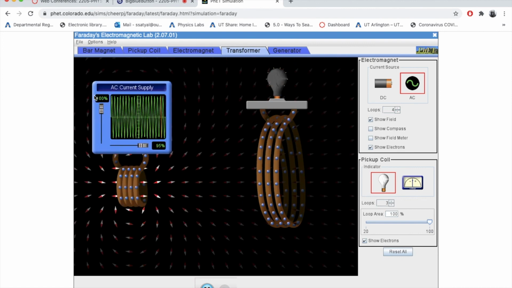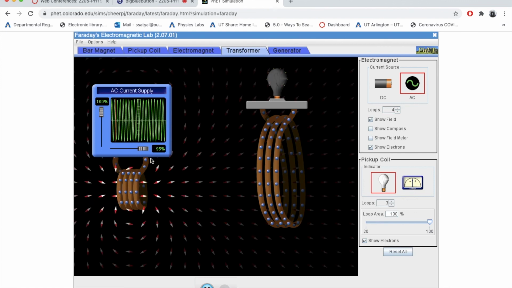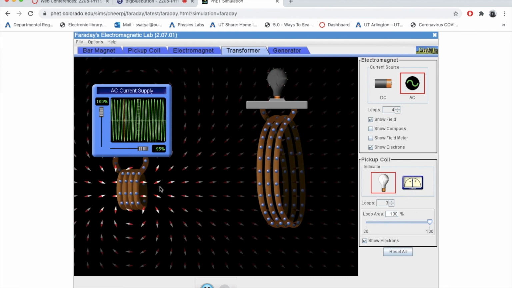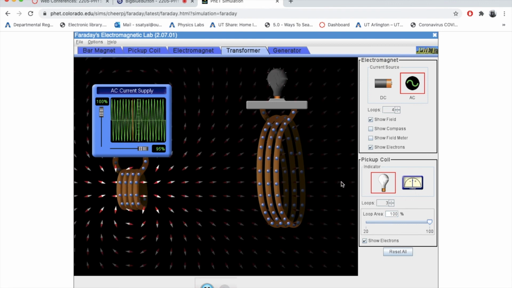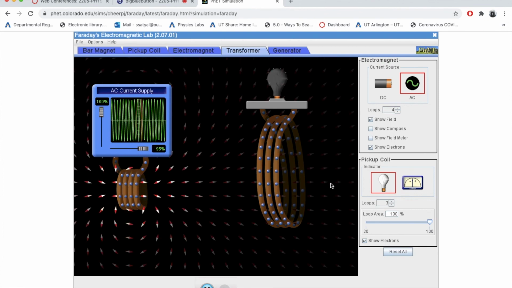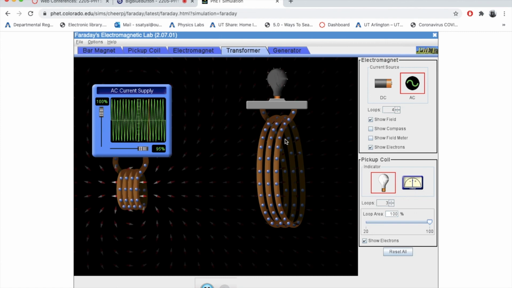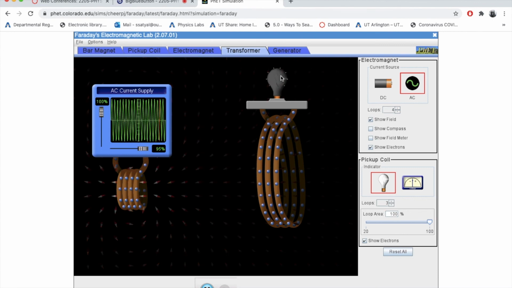And the farther out my electromagnet is, my primary coil, the magnetic field strength decreases by 1 over R. So as you go farther from the primary coil, the magnetic field strength decreases, and as the magnetic field decreases, the flux decreases, and hence the induced EMF decreases.